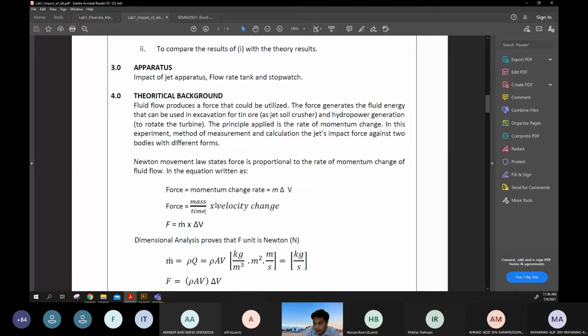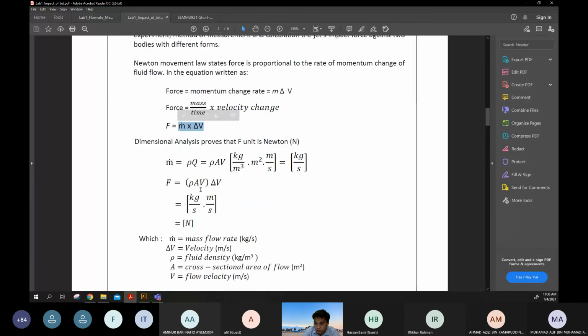Because of that acceleration, we can separate the velocity from the time and move the time to the mass. So now mass over time becomes the mass flow rate. That is why you can see the m dot. This m dot multiplied by the change of velocity is the same as F equals ma.